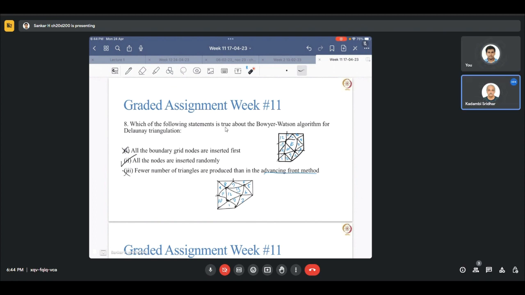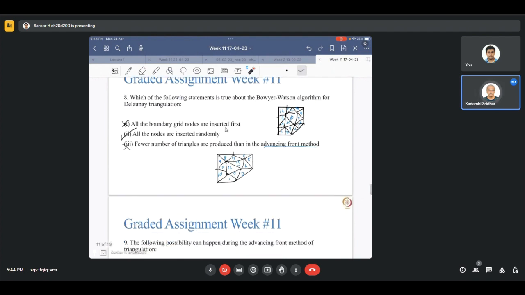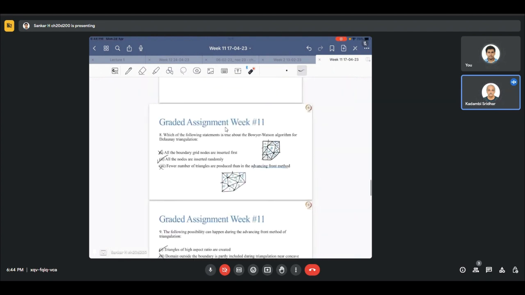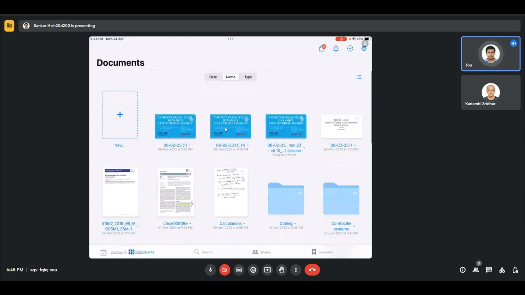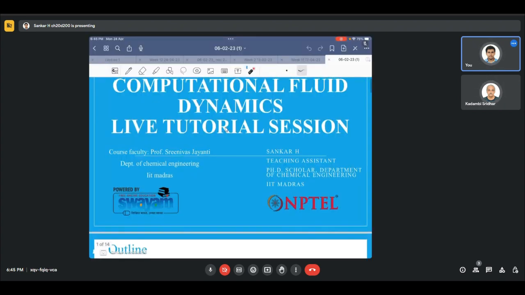SIMPLE is a perfect example of that. SIMPLEX, SIMPLER, SIMPLEC are all used to solve pressure-coupled velocity equations to get the flow profile in an incompressible flow. And most of these equations used the finite volume method to discretize and solve.